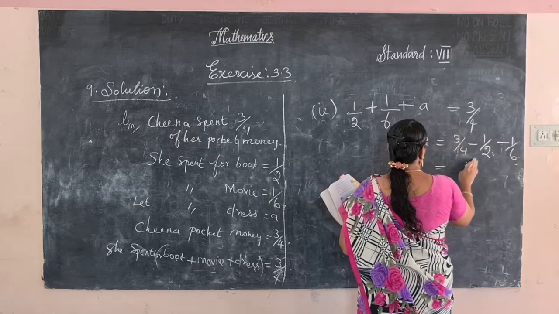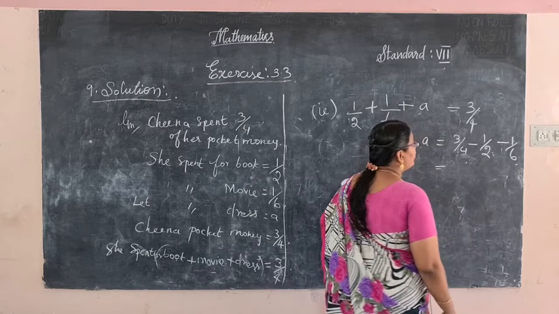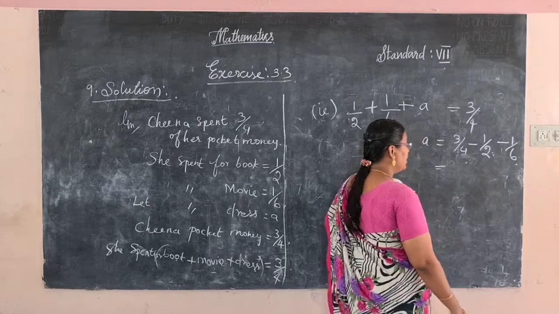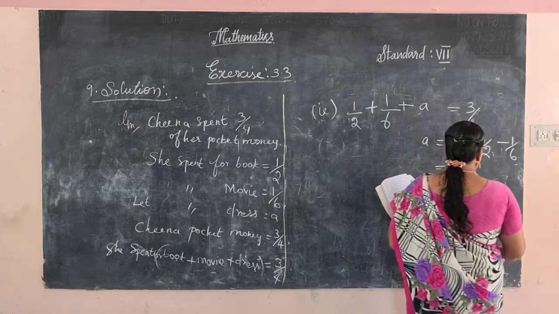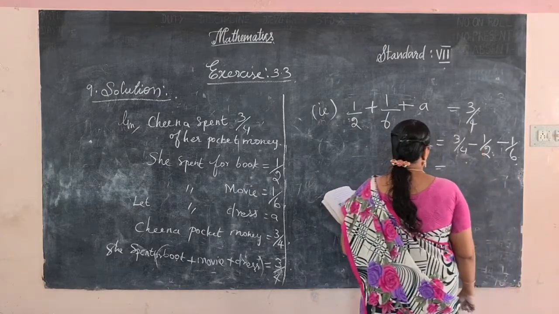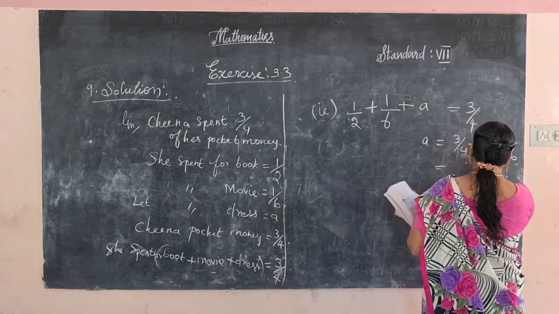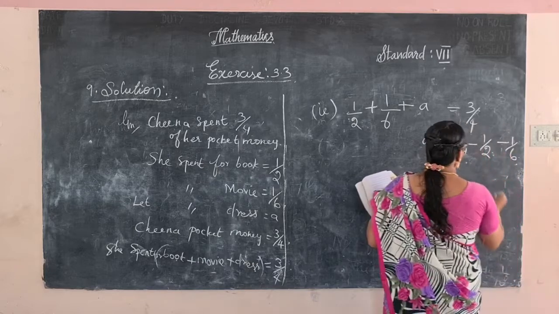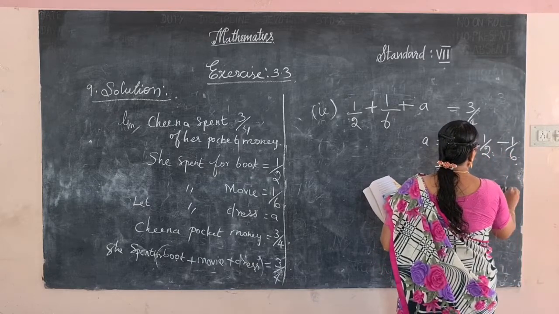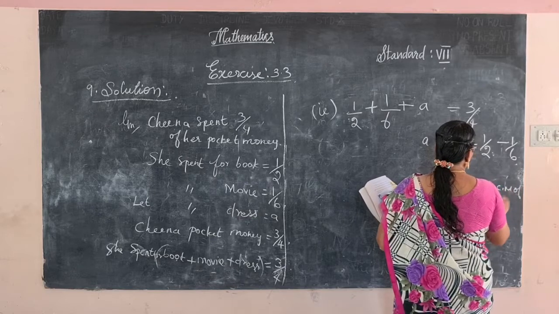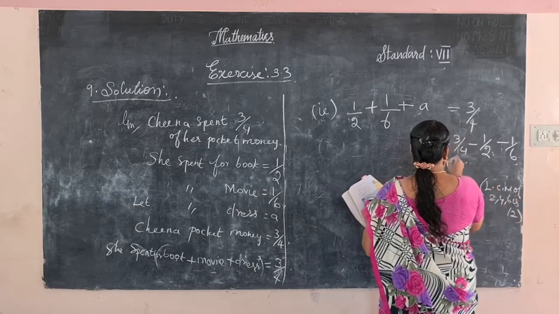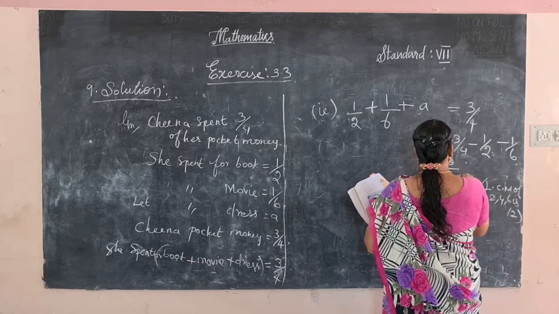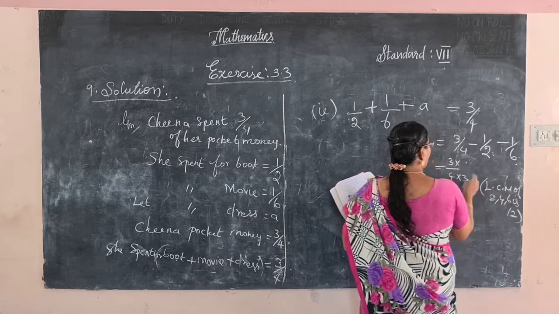Now we have to find the LCM. What is the LCM of 2, 4, 6? It is 12. So the LCM of 2, 4, 6 is 12. The numerator and denominator are multiplied by 3, since 4 3s are 12.